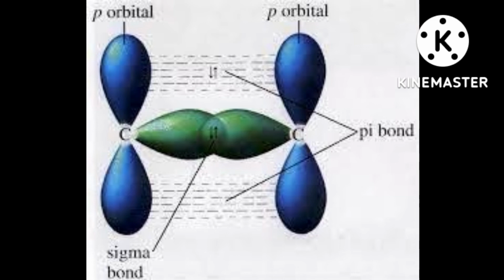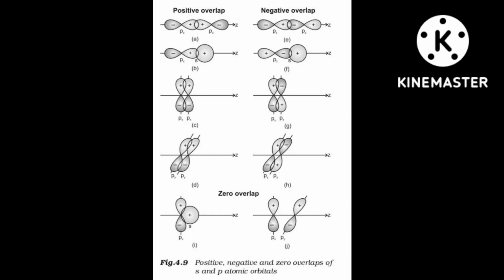But in a coordinate bond, what will happen? That is also a type of covalent bond only, but it has a separate classification. Here in a coordinate bond, both electrons will be shared by only one atom, both electrons will be donated by only one atom, and the sign of an arrow will be there.